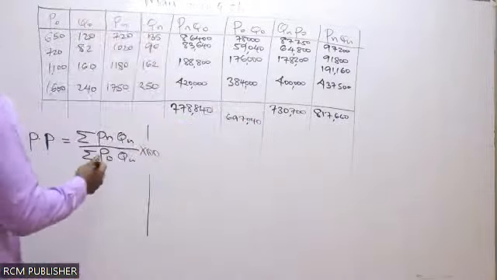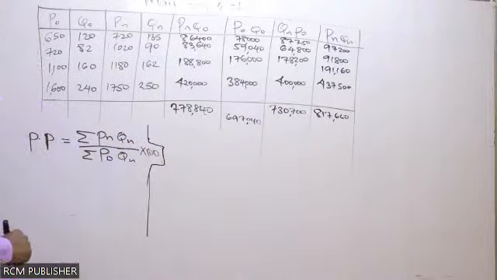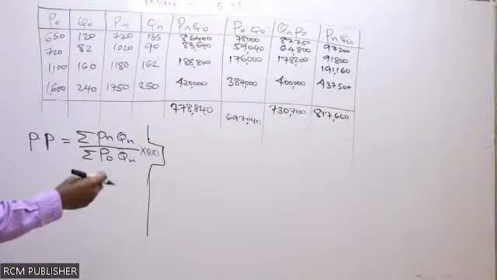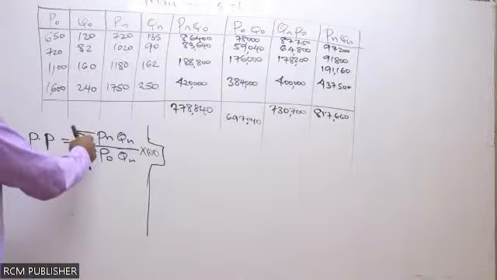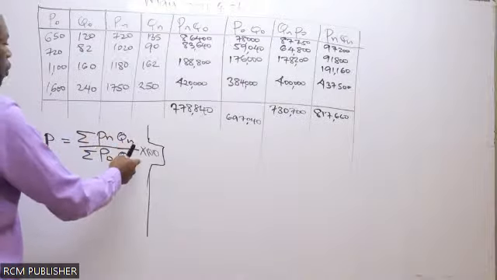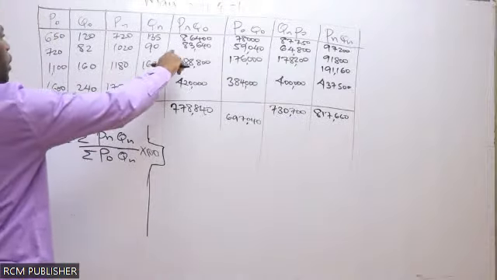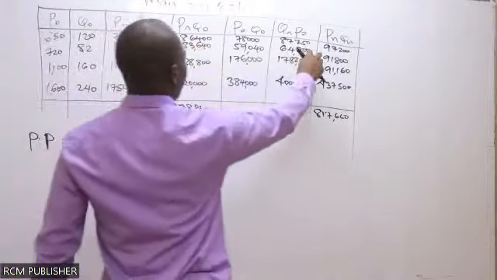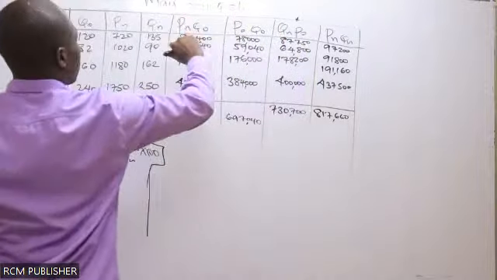So I wanted you to just see something. Once you've mastered these formulas, you basically know what the examiner needs you to calculate. In this case, you know very well you need PN, QN, PO, QN. It is this one here, and then PNQN.